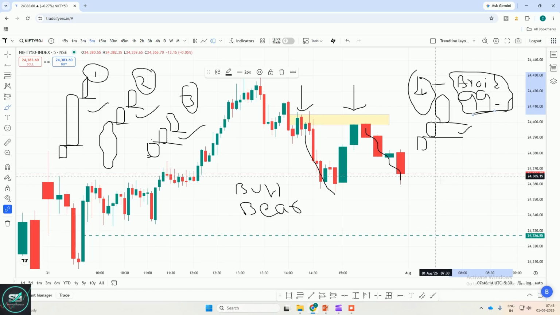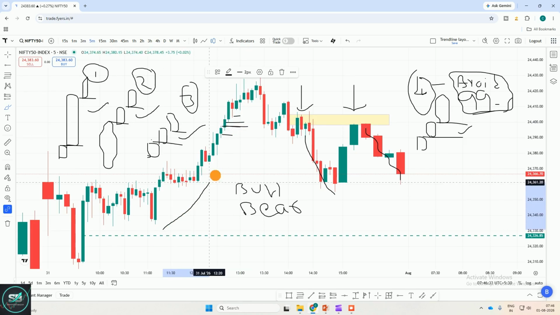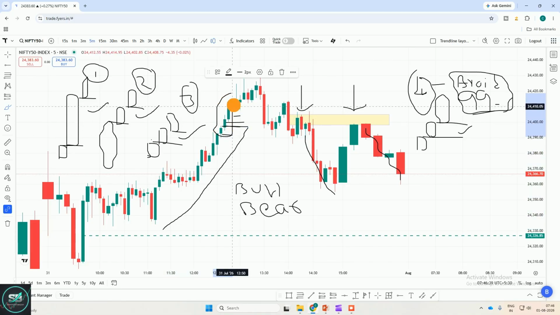This kind of FVG you will see mostly at the top of your trend. At the top of your trend, if you see here, this is a small candle, this is a small candle, and this is a big candle, and here you have a gap. So where is it formed? At the top of the trend. Suppose you enter here, the price never came here.